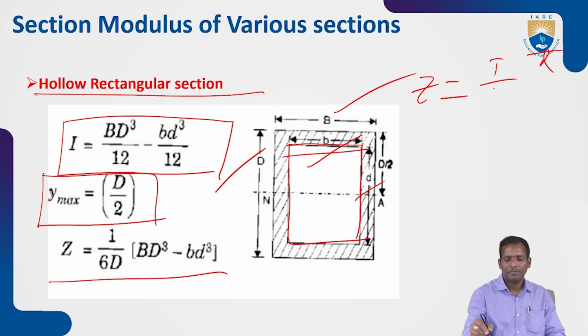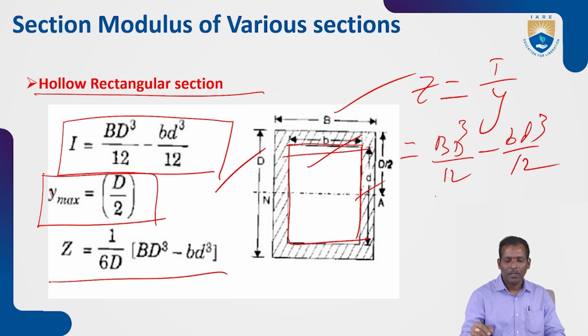I is capital BD cubed by 12 minus small bd cubed by 12, divided by Y, which is capital D by 2.